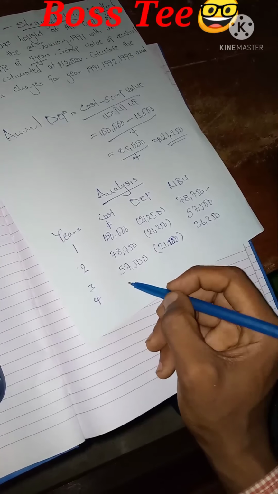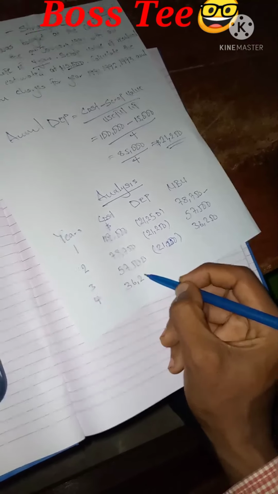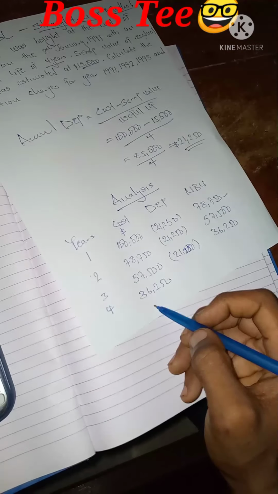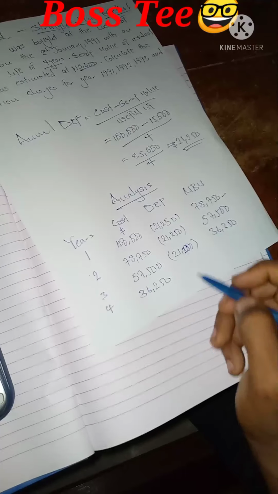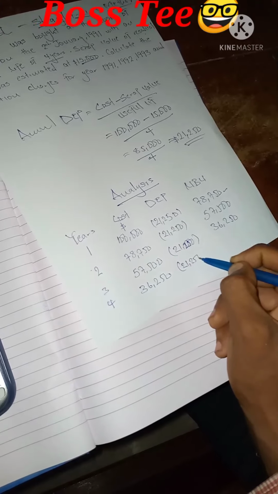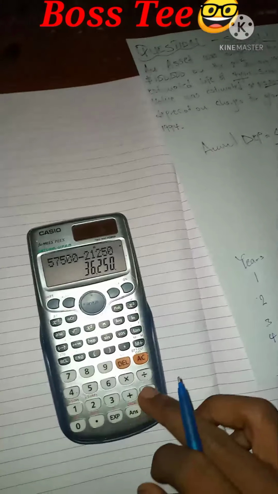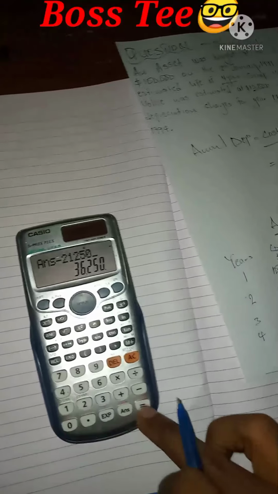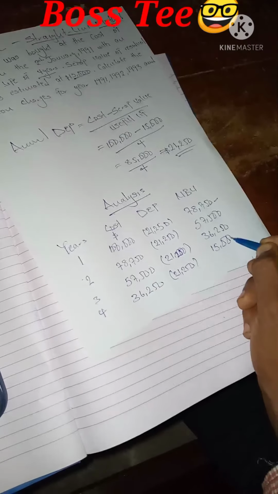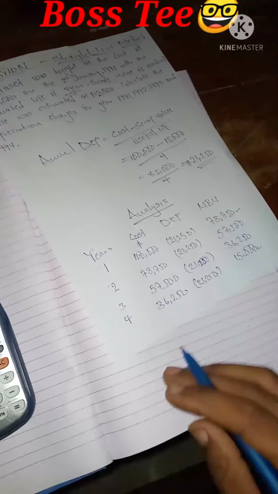Now the final year, which is year 4, the value of the asset is 36,250, to be reduced by the same depreciation figure of 21,250. So we remove 21,250. What do we have? We have 15,000 as the worth of the asset in year 4.